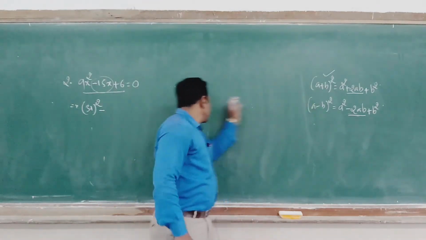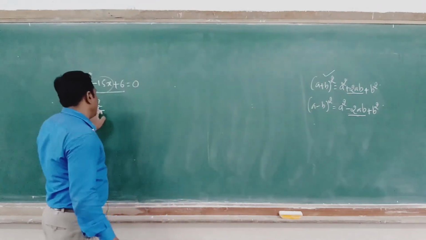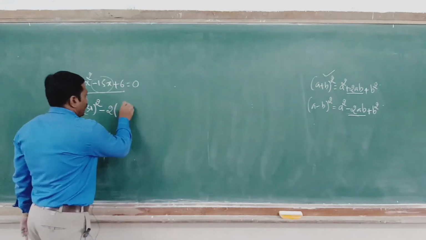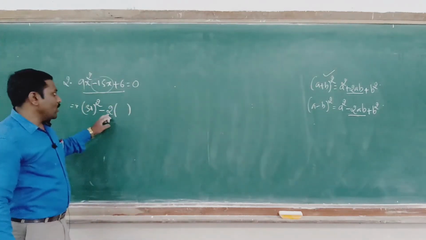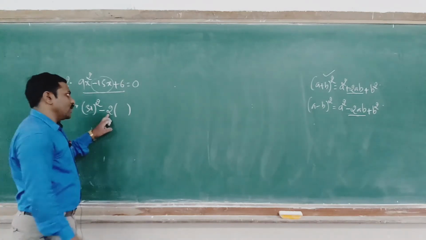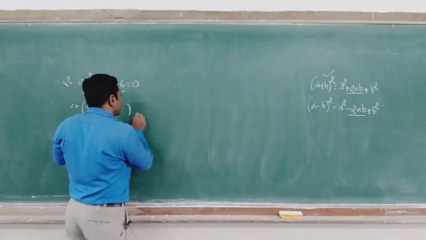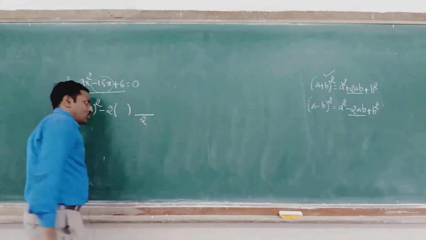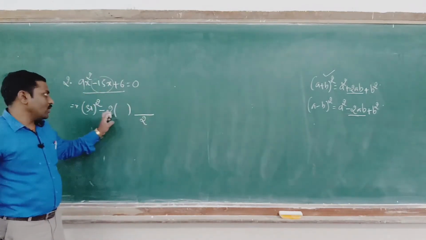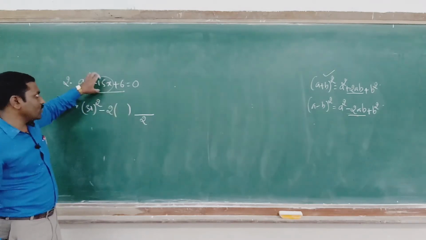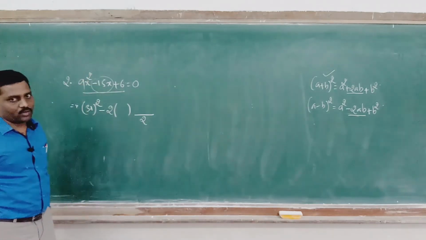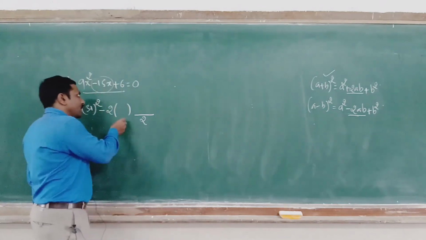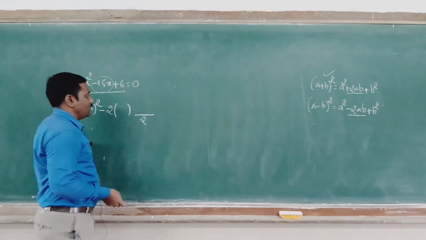Here, a square is 3x square, minus 2. You write 2 in the numerator and divide by 2 in the denominator, so the 2 gets cancelled. So again you get minus 15x, no doubt.